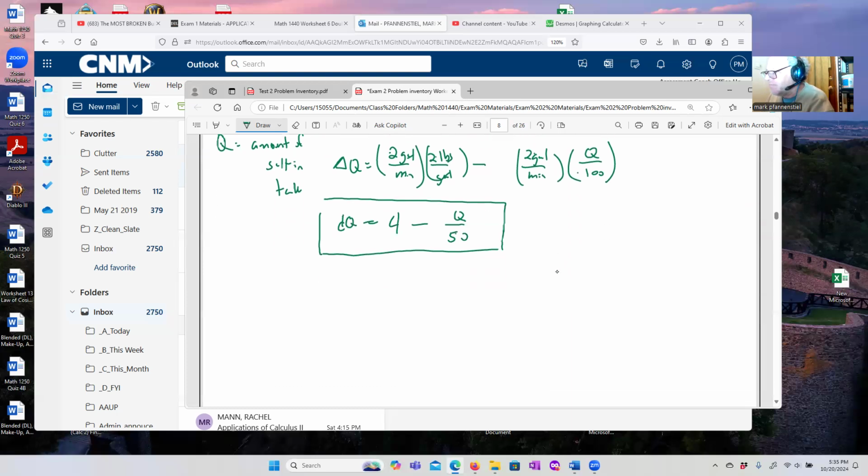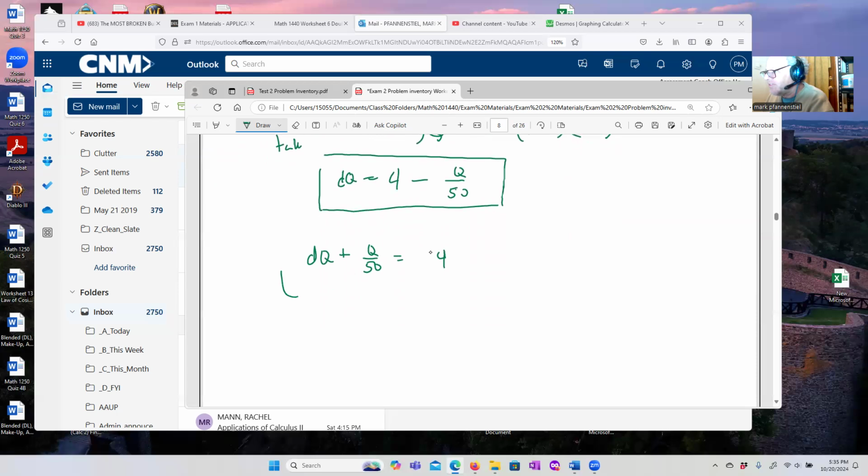So let's go ahead and make this into the right form. So we have dQ plus Q over 50 is equal to 4. All I did was push this to the other side. Realizing this is a first order linear differential equation, in order to solve that, we need to find an integrating factor.